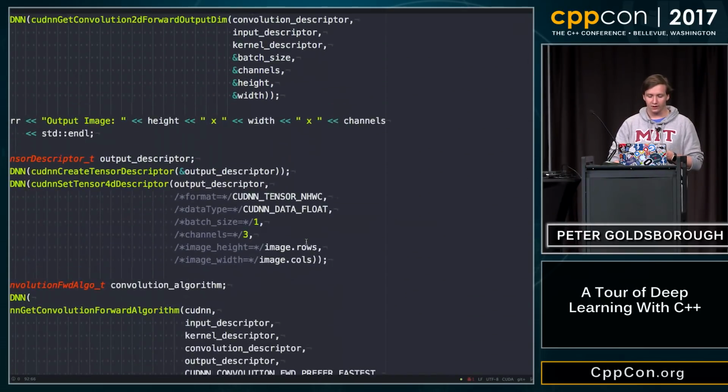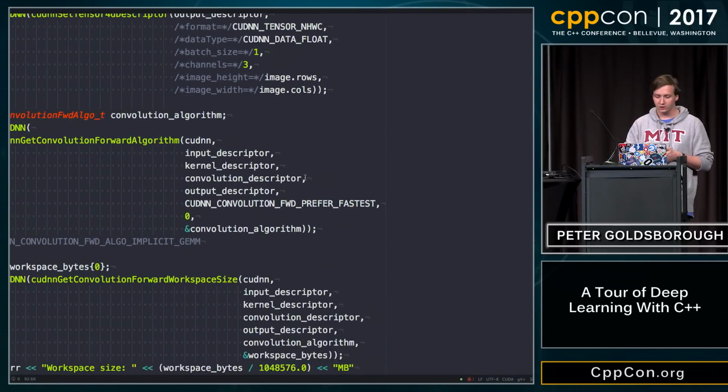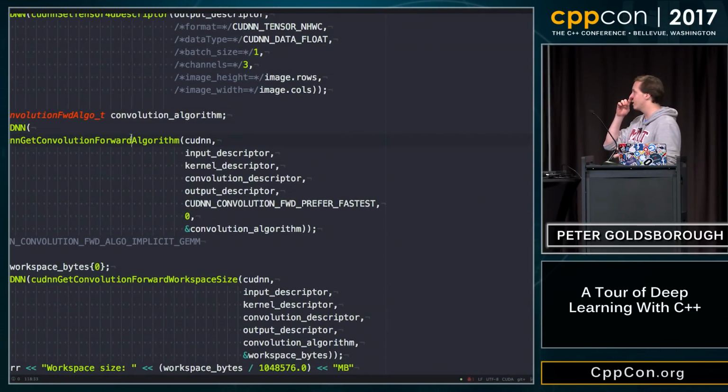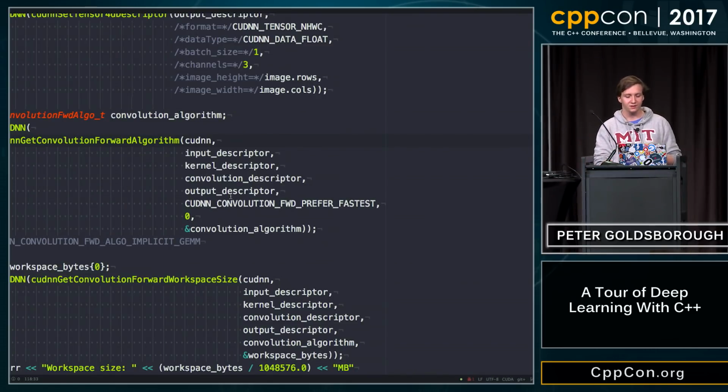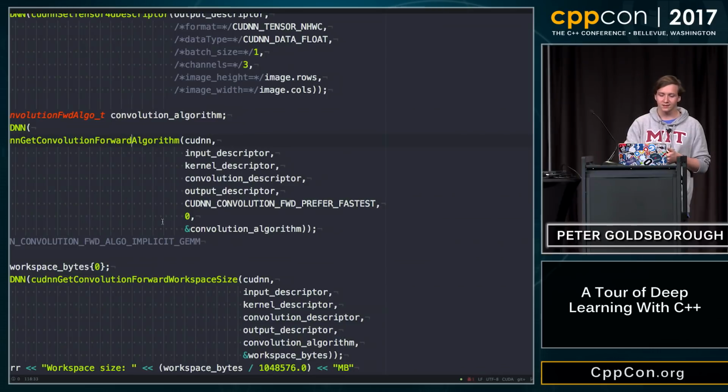Then skipping down a bit here, what's also interesting at this point is that we can specify different kinds of convolution algorithms. So usually you want to specify the fastest, but you might also want to specify one that uses lower memory, or also you might have an explicit choice. So for example, you can pass the explicit GEMM convolution forward algorithm, and that would actually use the algorithm that I described earlier, where you explicitly model the convolution as a matrix multiplication.